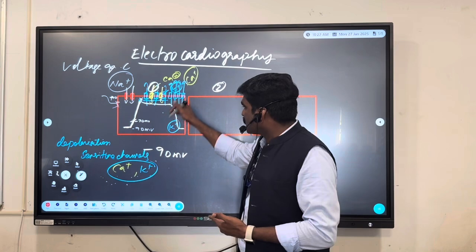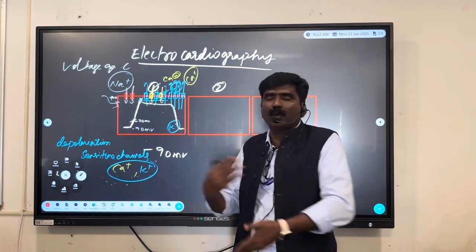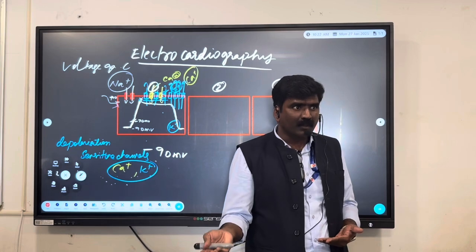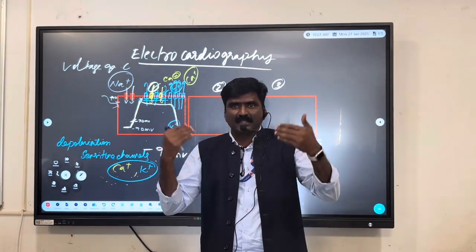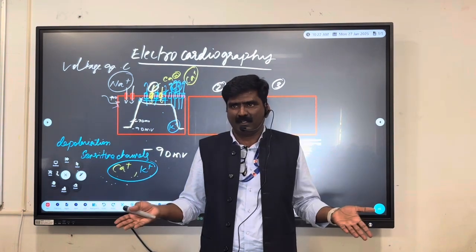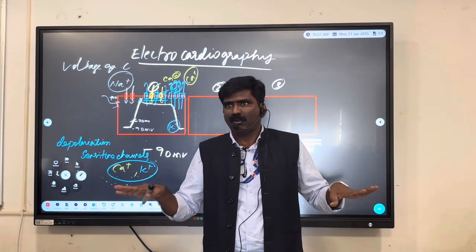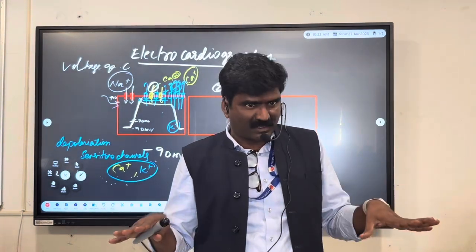So this event is called repolarization. Right? Previously, depolarization: the cell is normally polarized negatively at rest, right?